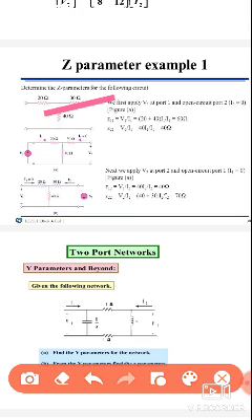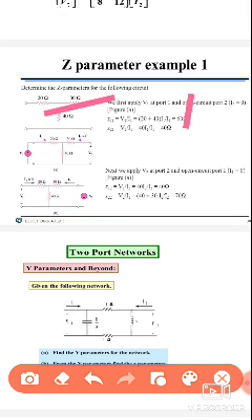By open circuiting, first with I2 equal to 0 and then with I1 equal to 0, we can find Z11, Z12, Z21, Z22. Using these we can find the Z parameter values in this problem.